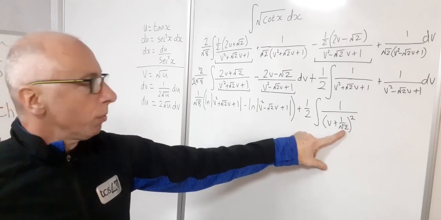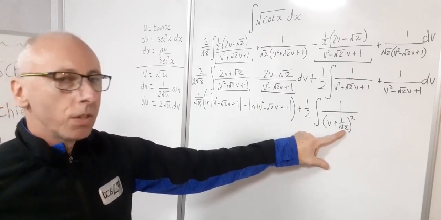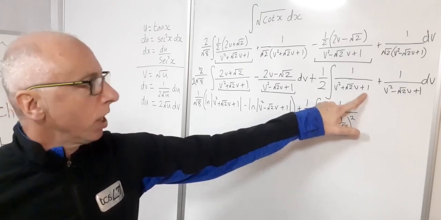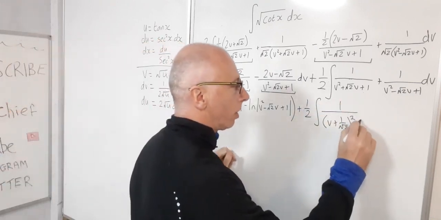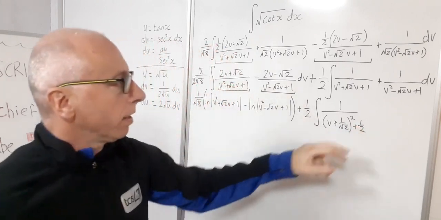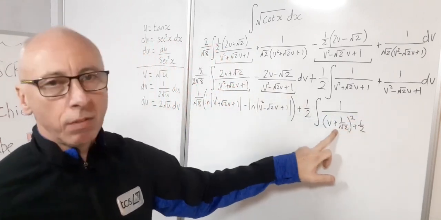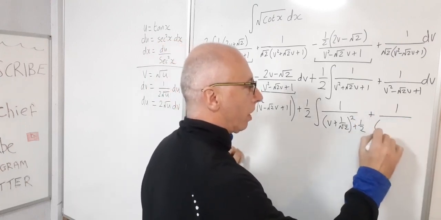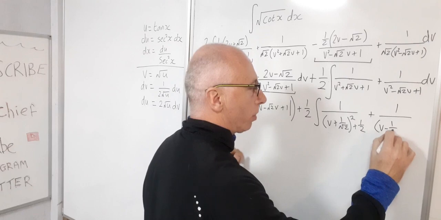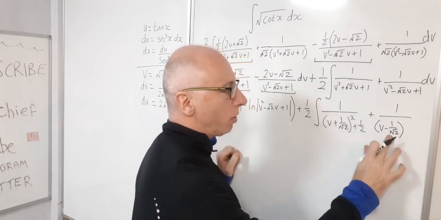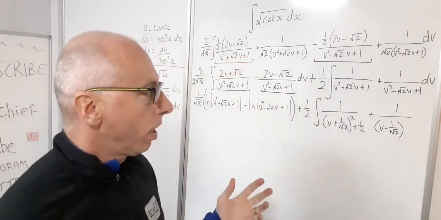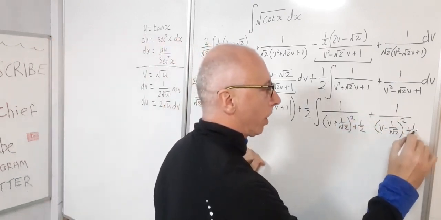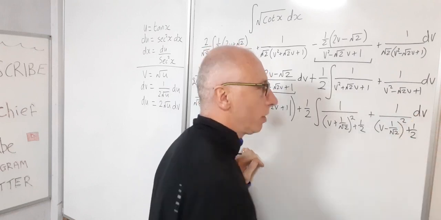And then we need to subtract this constant here squared. So that's minus 1/2. And minus 1/2 plus 1 gives us plus 1/2. And we'll have the same on this one, except we'll have a minus sign there, so that will take care of that. So we've got 1 over (v − 1/√2) squared. Squaring that will still give us a positive 1/2, which we need to subtract, which will still be plus 1/2. So that's plus 1/2, and then that is also dv.